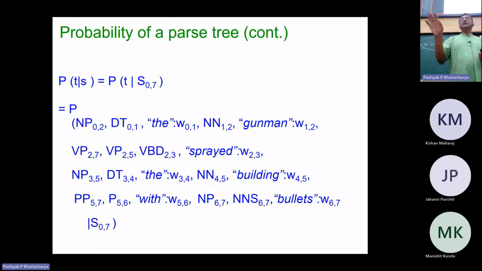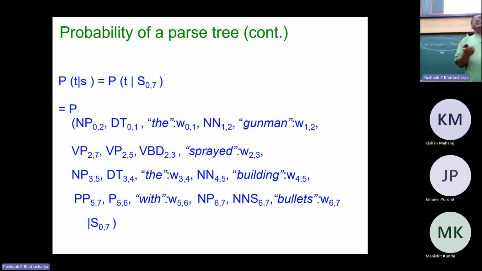What is the probability of the whole sentence, the S symbol dominating the whole sentence? That probability is a joint probability of various non-terminal symbols dominating parts of the sentence. Okay, so this is a joint probability, and now we'll have to break this joint probability into its components.